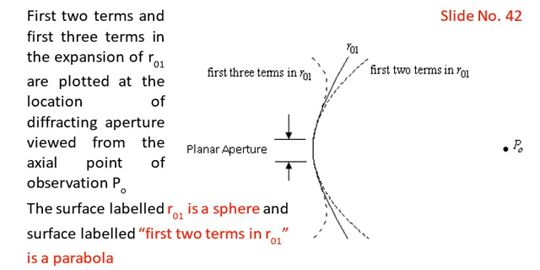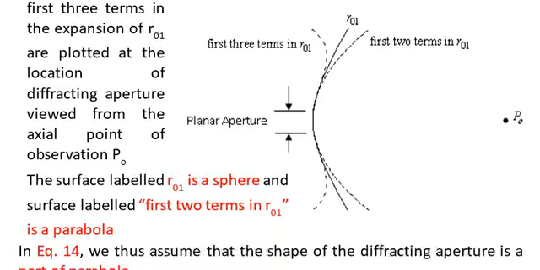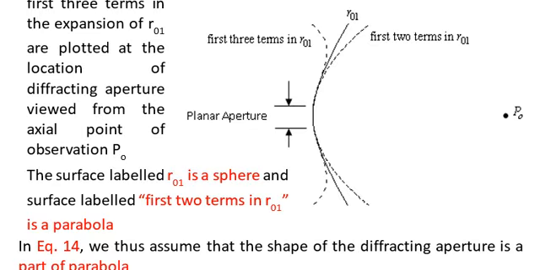So let's read the statement. The first 2 terms and the first 3 terms in the expansion of R01 are plotted at the location of the diffracting aperture viewed from the axial point of observation P0. The surface labeled R01 is a sphere, and the surface labeled first 2 terms in R01 is a parabola. So R01 is actually a sphere.